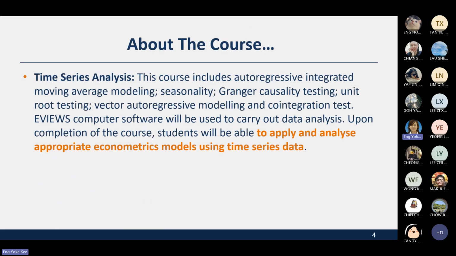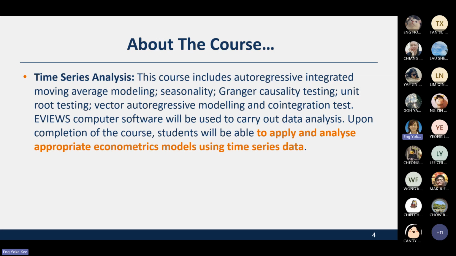Okay, so let's talk about the course. What you need to expect is that we deal a lot with the special characteristics of the time series data itself, and we pay attention to two key focuses.